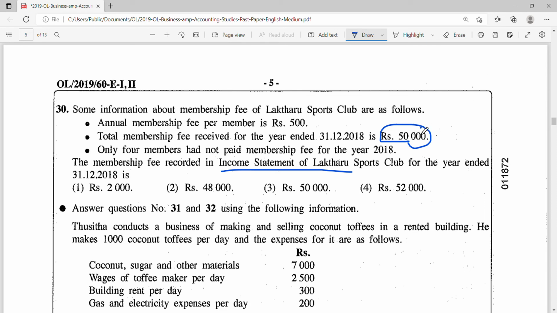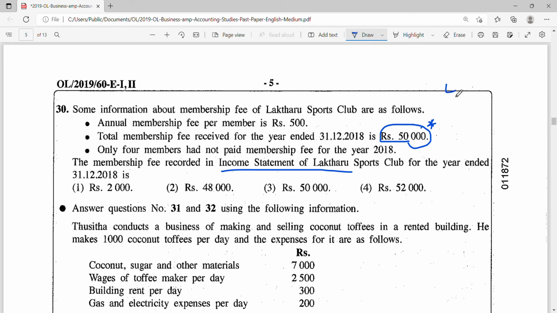now you have received 50,000, 4 members have still not paid, but you have to recognize that also in your income statement as an income. Even though they didn't pay, they will fall under receivables. But for now, under income statement, yes, you have to take this receivable as well. Why? It all refers to the financial year 2018.